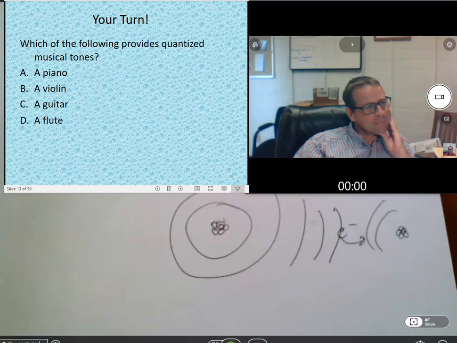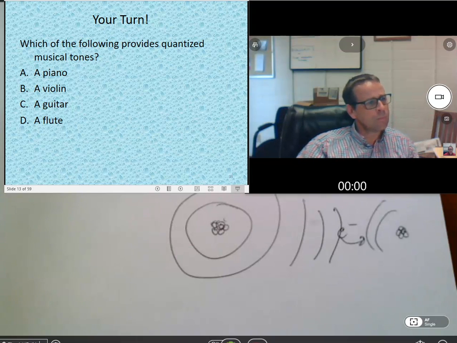Okay. So quantized is like when he was talking about, it only can go to different sections, right? Yeah, I think so. It says energy is quantized if only certain discrete values are allowed.